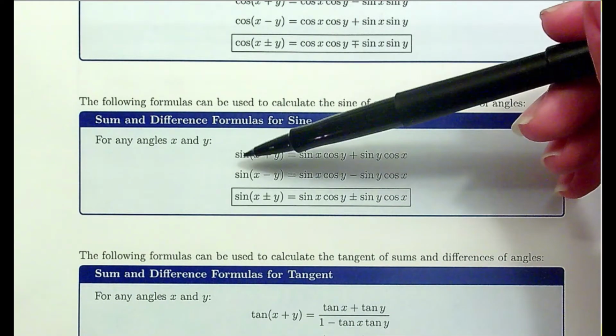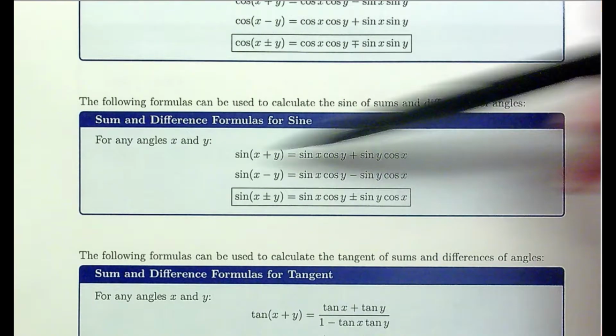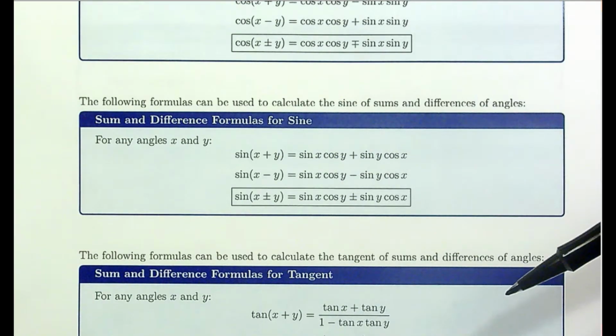So if I take this formula right here, the very first one, and I replace the y with x, so wherever I see y, I replace it with x, what are we going to get?